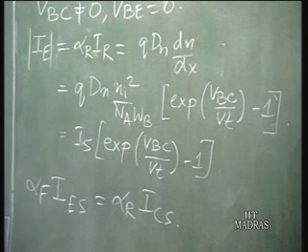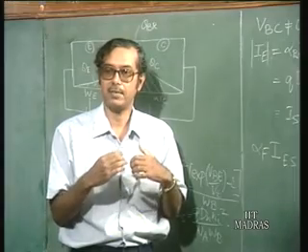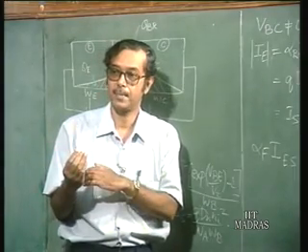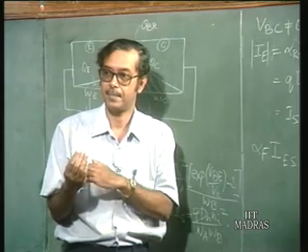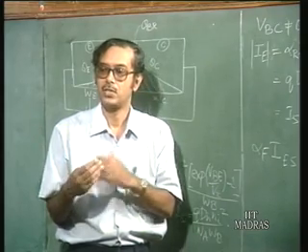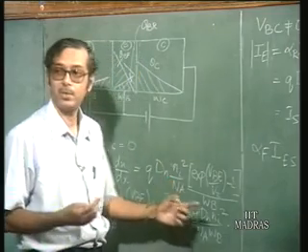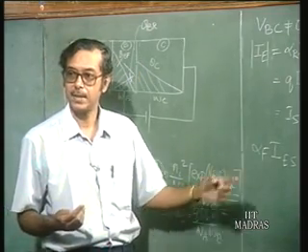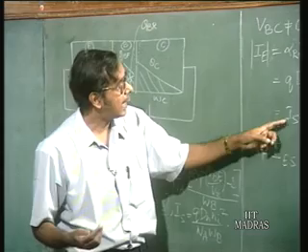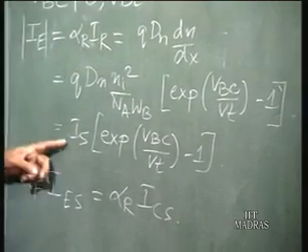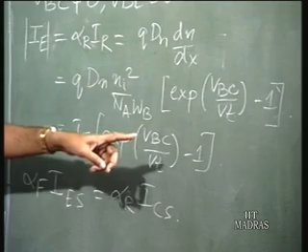Now, if both the voltages are applied, the collector current is given by alpha f If minus IR. So, you can express that now. Alpha f If is Is exponential Vb by Vt minus 1, and IR is Is by alpha r exponential Vbc by Vt minus 1.